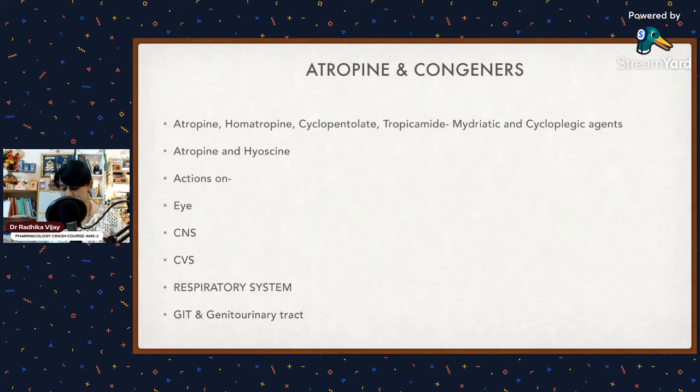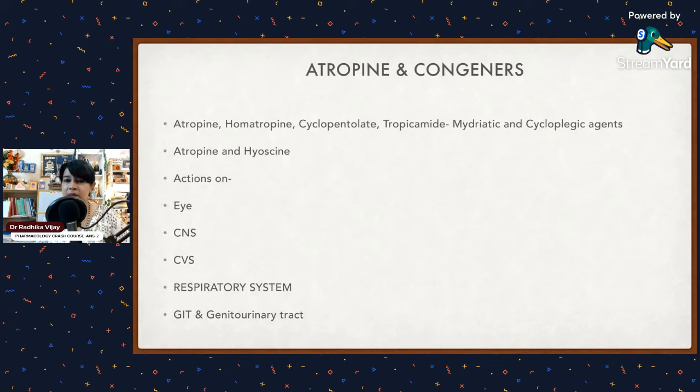Now, talking about the actions of the atropine drugs, I have the anticholinergic actions. The anticholinergic drugs in the eye cause mydriasis and cycloplegia. The congeners of atropine are homatropine, cyclopentolate, tropicamide. All these are used as mydriatic and cycloplegic agents. What is the use of mydriatic action?